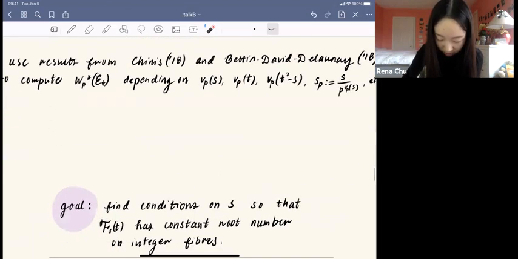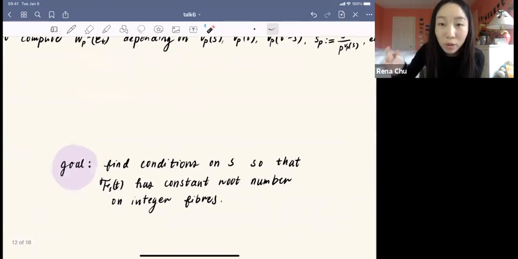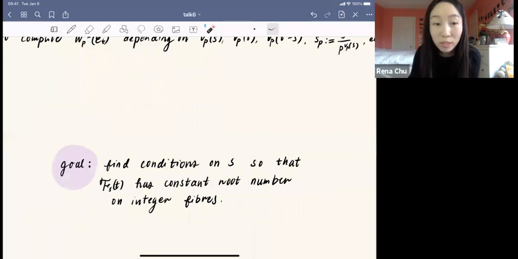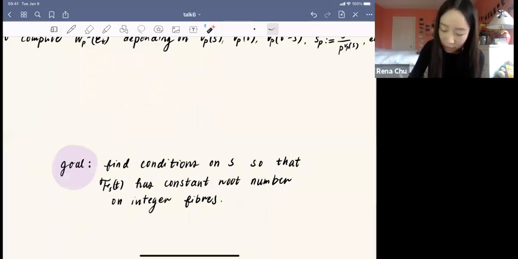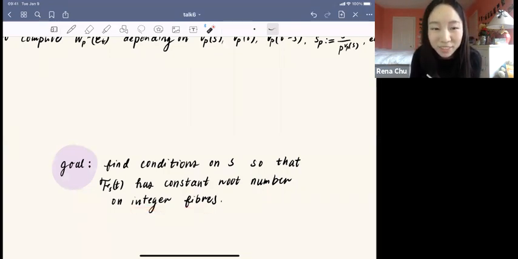So now I just want to restate our goal again. Recall the first time we stated it was to find more examples like Washington's. So now to narrow it down, what we really want to do is to find conditions on s so that our family has constant root numbers on integer fibers. Note the stress on integer fibers and not rational fibers.